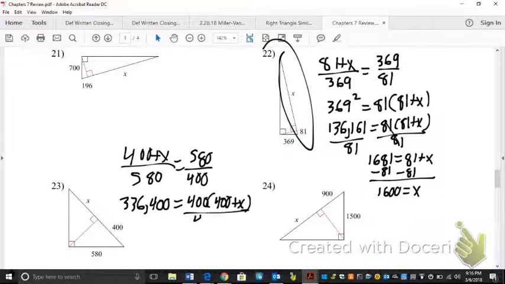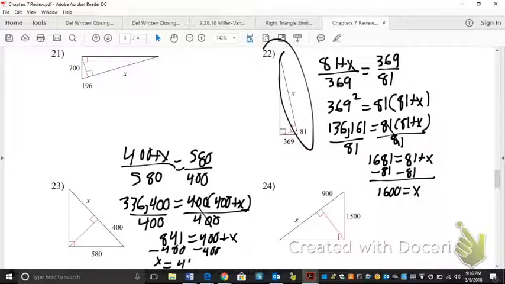Okay, so again, I find it easier just to divide both sides by 400 right away. Plug that into my calculator, I get 841 equals 400 plus x. Subtract 400 from both sides, and I get x equals 441.